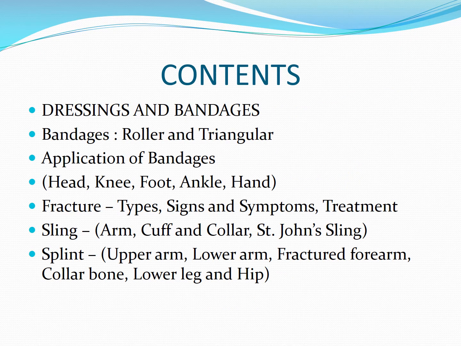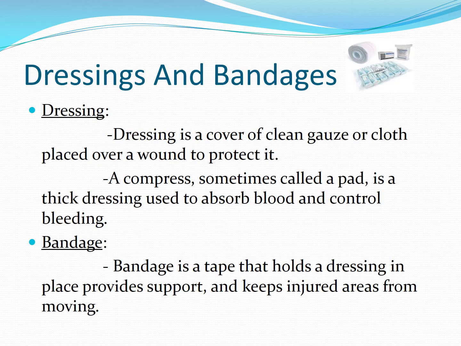In this presentation, we are going to see about dressings and bandages. Bandages, application of bandages, fracture, sling and splint. Dressings and bandages. What is meant by dressing? Dressing is a cover of clean gauze or cloth placed over a wound to protect it.